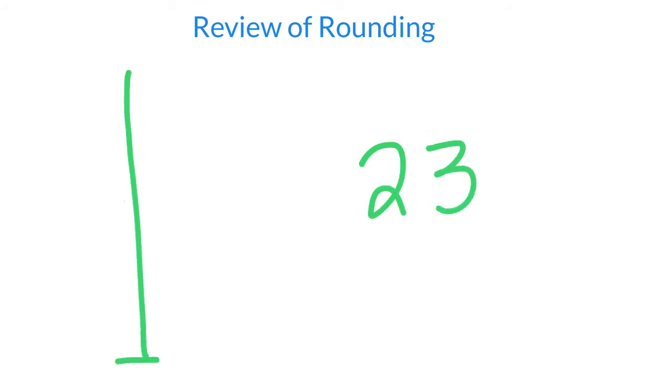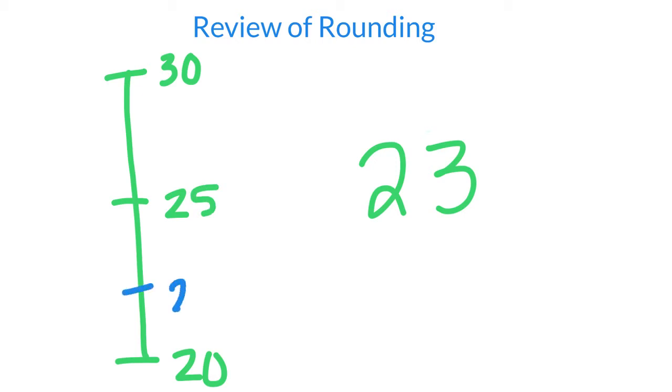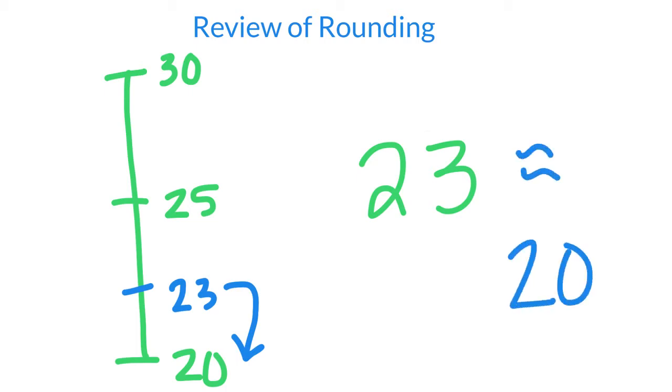You need to picture, again, 23 on our vertical number line. 23 is between 20 and 30, and in the middle would be 25. 23 would be right around here, right? And I can look at my number line and I can see that 23 is closer to 20 than it is to 30. So 23 rounded to the nearest 10 would round down to 20.